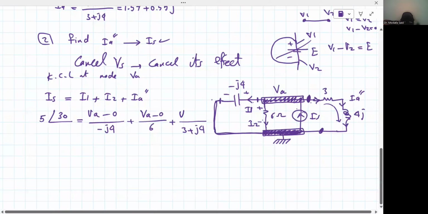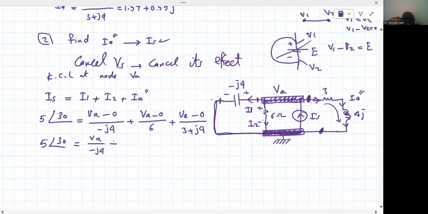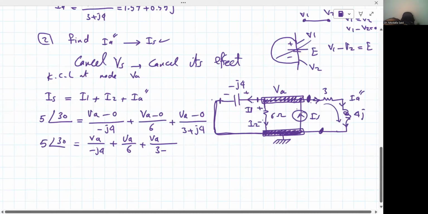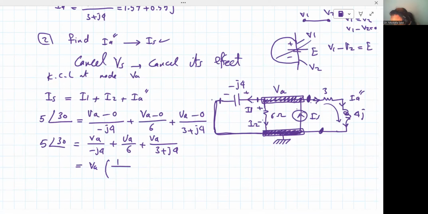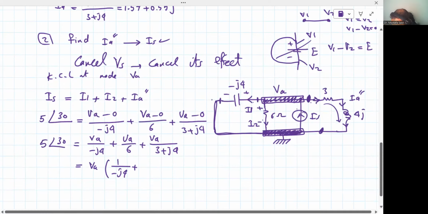That node is VA and this one is basically 0. So 5 angle 30 equals VA over minus G4 plus VA over 6 plus VA over 3 plus G4. Let's take VA as a common factor: 1 over minus G4, 1 over 6, 1 over 3 plus G4, equals 5 angle 30.